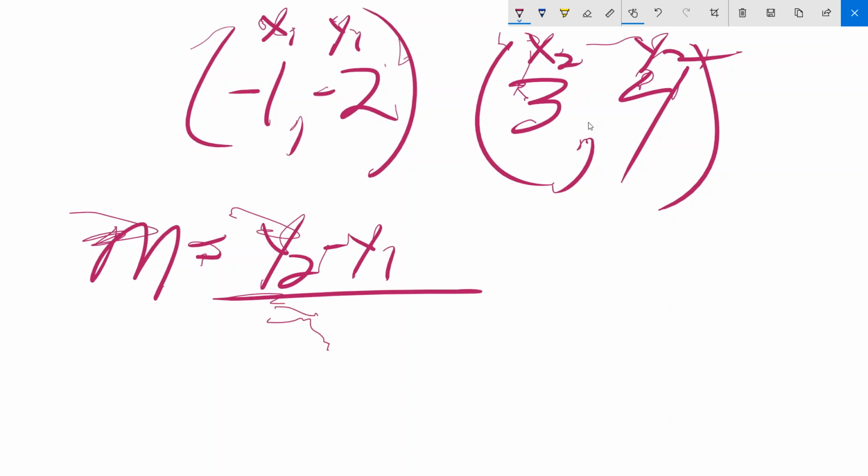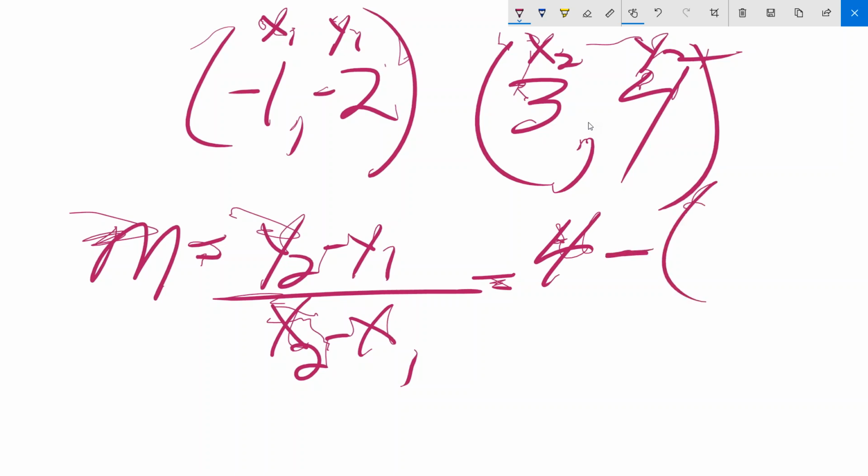X sub 2 minus x sub 1. Okay, now let's just fill in everything. What's y sub 2? Y sub 2 is 4. Okay, minus what is y sub 1?